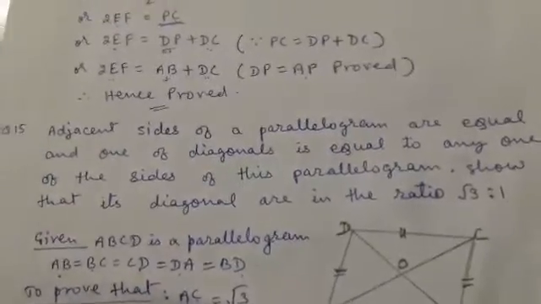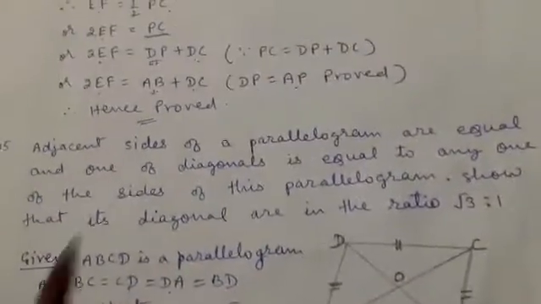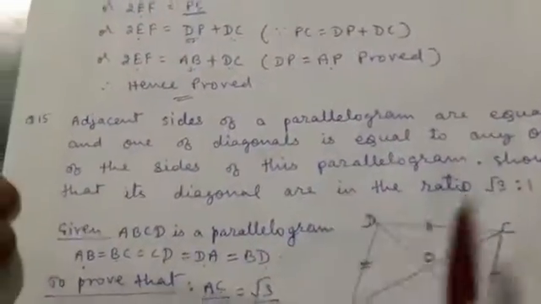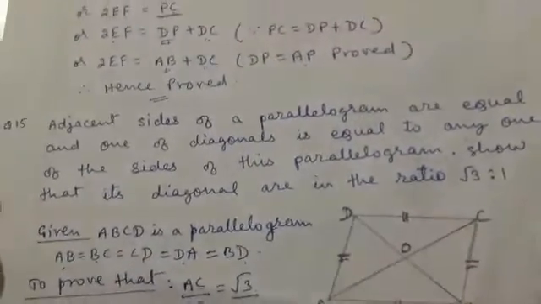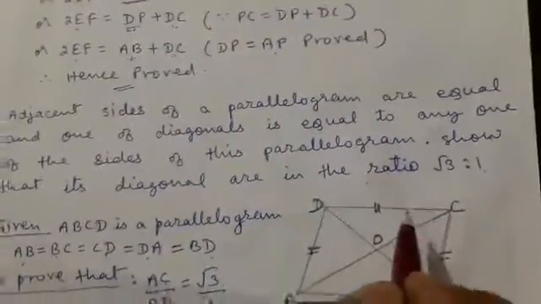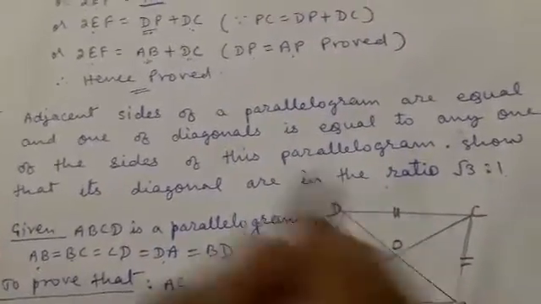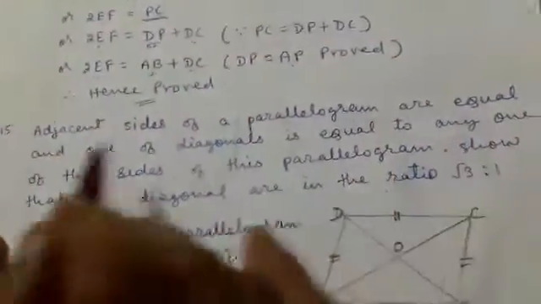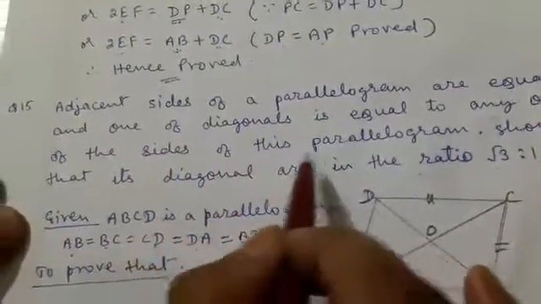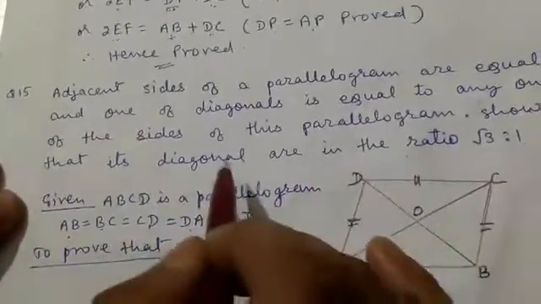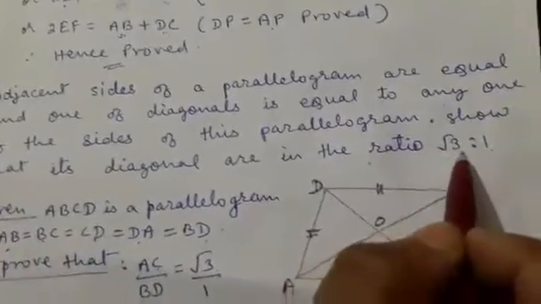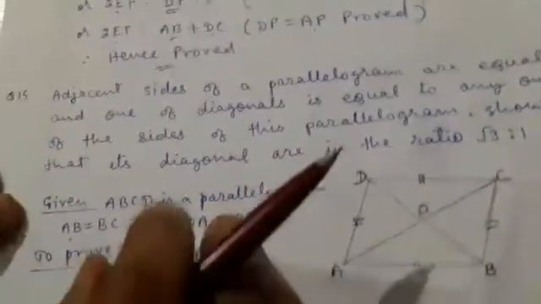Now dear students, let us see the next question, number 15. Adjacent sides of a parallelogram are equal, and one of the diagonals is equal to any one of the sides of this parallelogram. Prove that its diagonals are in the ratio √3:1. Let us see what is given.